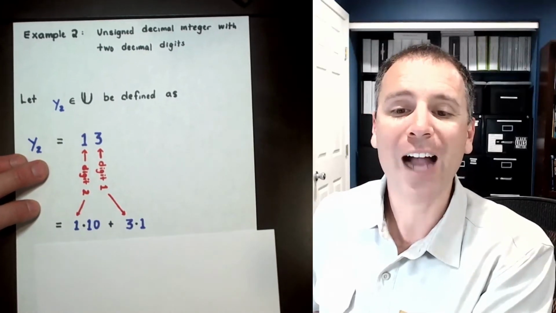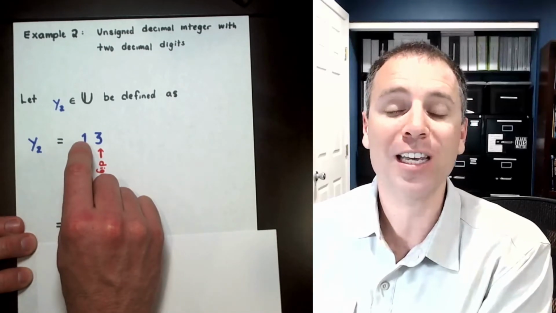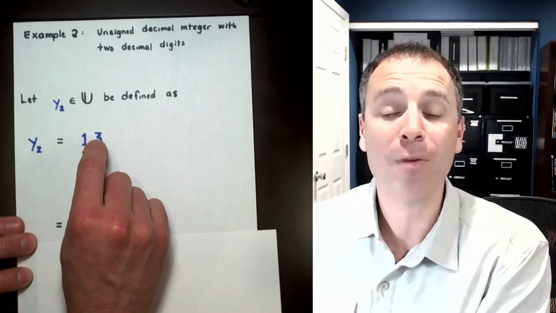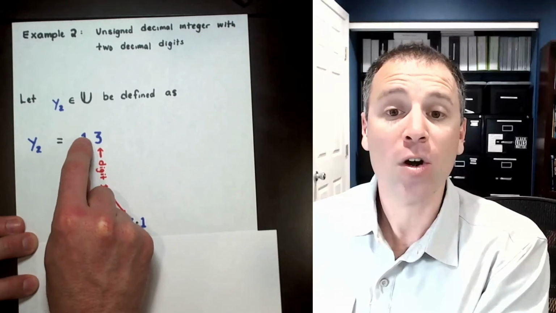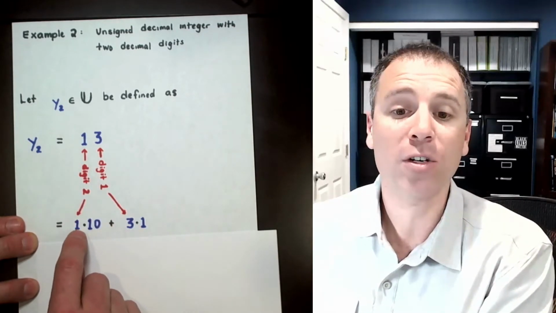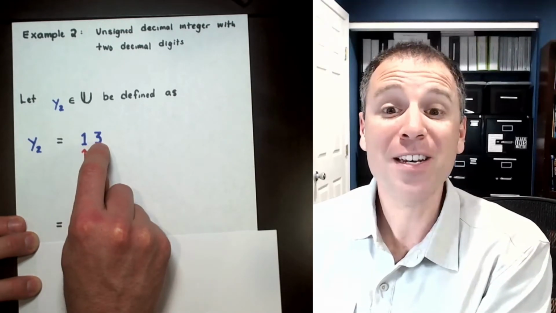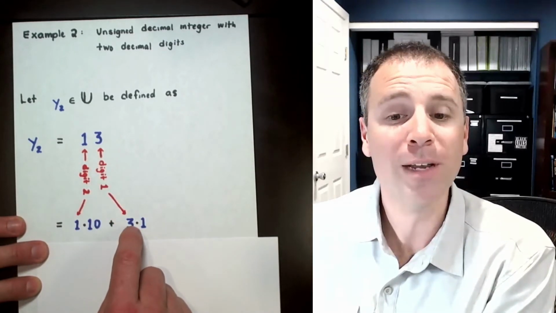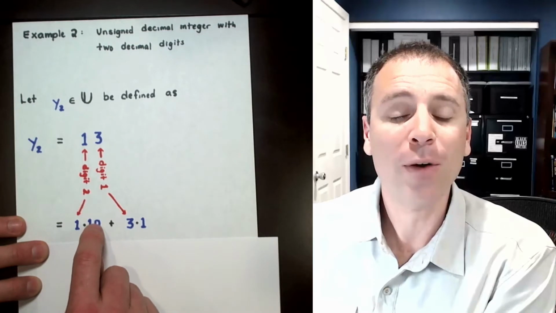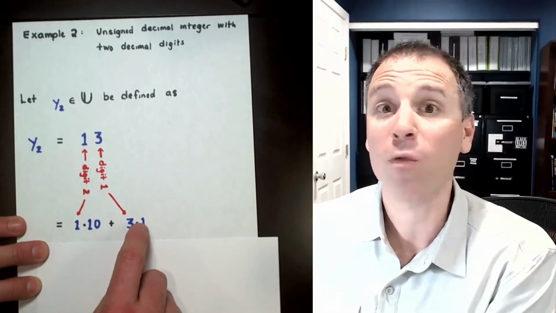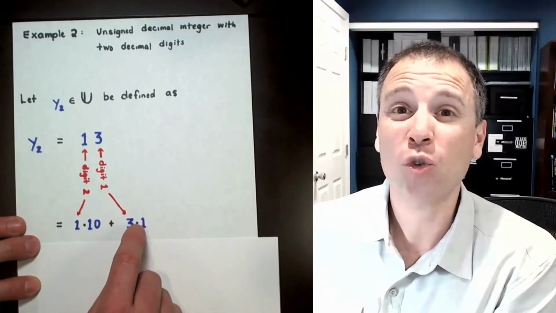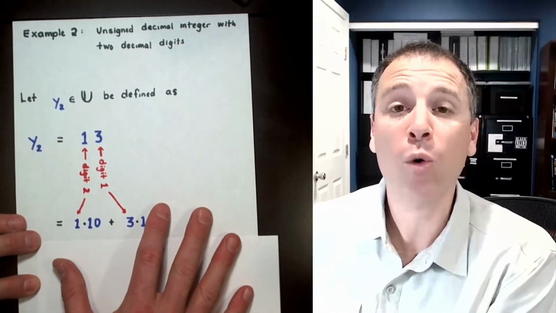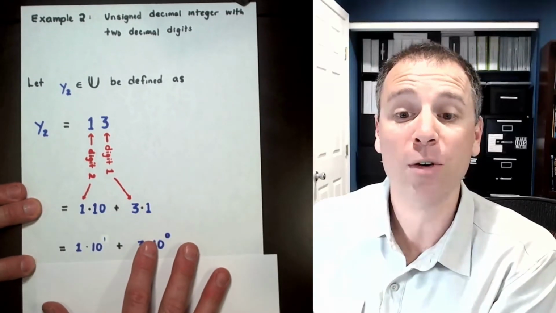And then what we actually mean when we say this number is 13, or 1 ten and 3 ones, is here, this counts the number of tens. Well, how many tens are there? There's one of them. On the other hand, the digit 3 represents the number of ones there are. Well, how many ones are there? There's 3 of them. But here's a claim: counting the number of tens and counting the number of ones is equivalent to actually tracking the number of powers of 10 starting at power 0 and moving upward.